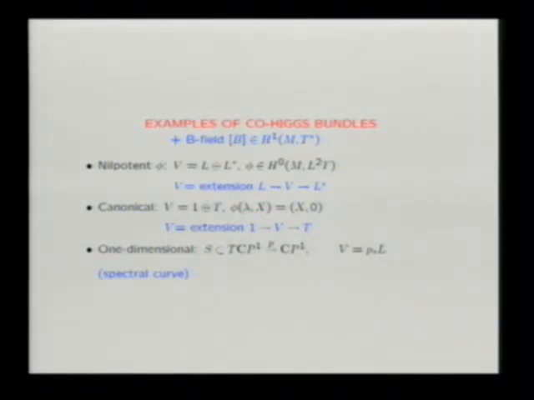So the B field, when I contract that with this, contracting the T with a T star, I get something in the Dolbeault cohomology H1 of L squared, and that's the object which classifies holomorphic extensions which look like this. So the trivial class is the direct sum, non-trivial classes give me non-trivial extensions. Similarly, in this canonical situation, instead of 1 plus T, I get an extension.